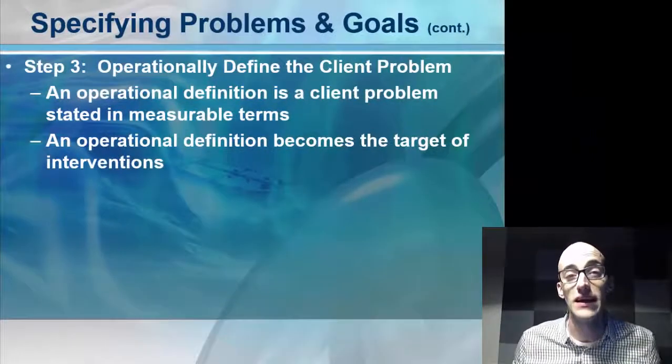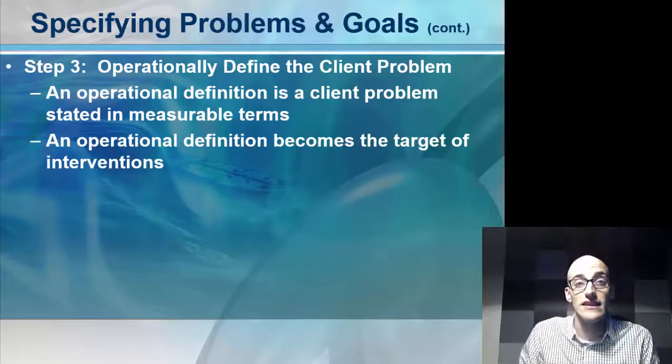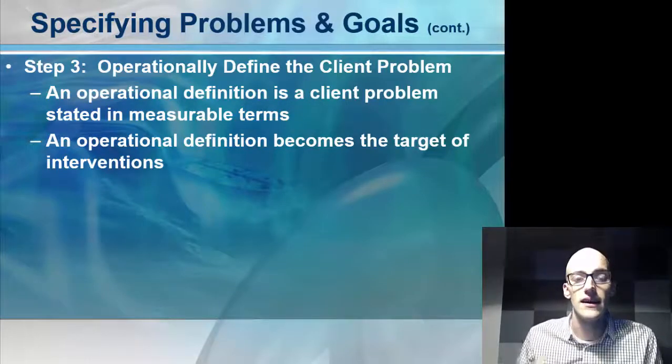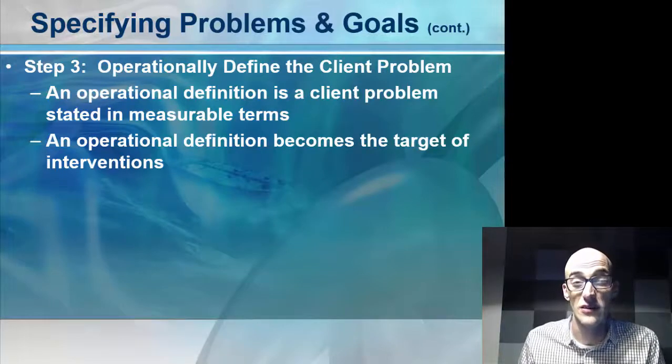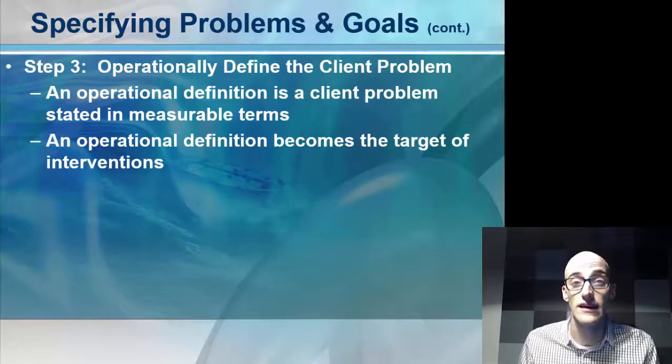And so the big thing that a lot of people struggle with in this course is operational definitions of the problem. Again, an operational definition is how you're going to go about measuring the problem. So it includes the client's problem as stated in measurable terms, so number of dollars he spends gambling per week. And this is ultimately the target of the intervention. So everything flows from our operational definition.